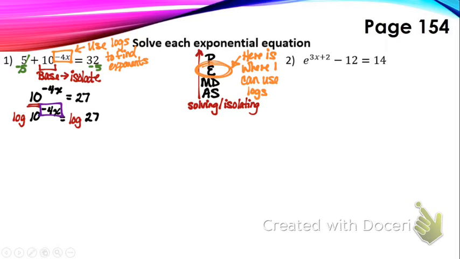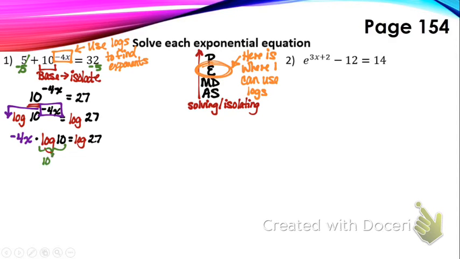Do you remember how on the last problem, once I had it written as a log, I could use my expanding property and I could bring that power down to the front? So I have negative 4x that's getting multiplied to the common log of 10. What's the base on the common log? 10.